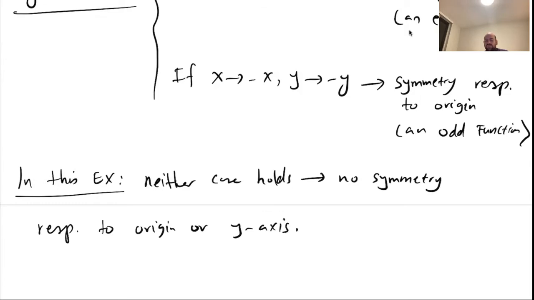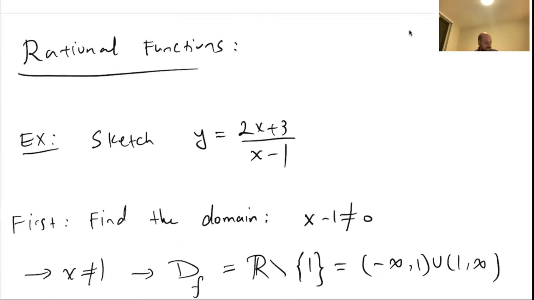There might be another type of symmetry. We can figure it out if we want to, but the question is not asking us to find all the symmetries. We are looking for obvious symmetries here, either symmetry with respect to the y-axis or the origin. The question is asking us to sketch the graph.